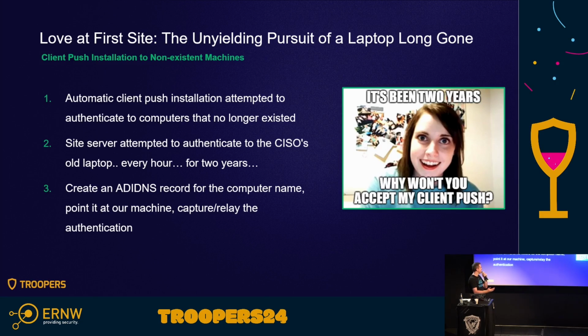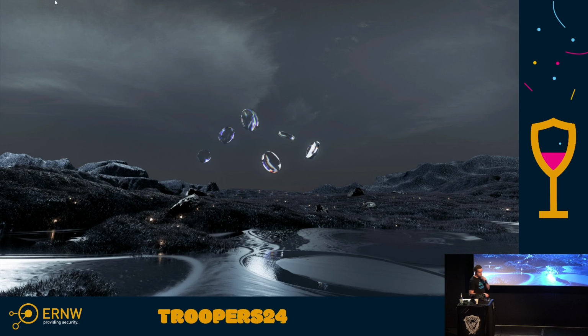So we didn't actually execute this attack. It was more of an audit-style assessment, unfortunately, but in theory, we could have created a DNS record for that object, pointed at our machine, and captured and relayed that authentication to take over whatever machines that had administrative privileges on.